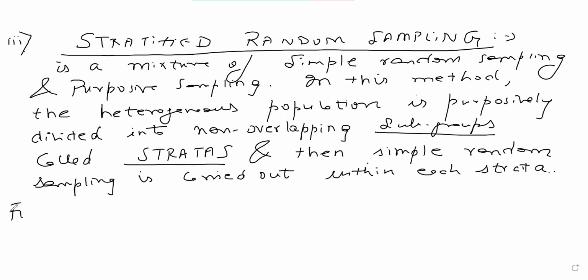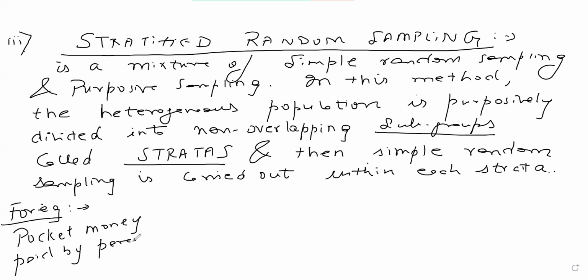So for example, suppose I have to look at pocket money. How much pocket money do parents pay to their children? So I have to see the pocket money paid by parents to children. Suppose this is my whole population.